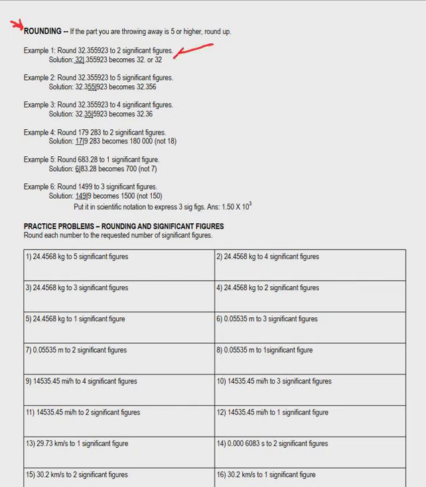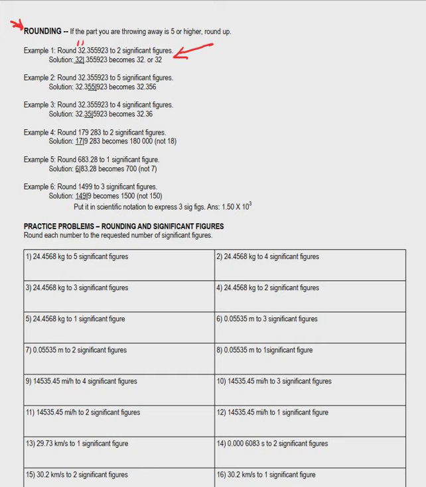So, for example, for example 2, round 32.355923 to two significant figures. We want the 3, we want the 2, but that's two significant figures. We start counting from the left non-zero digit.